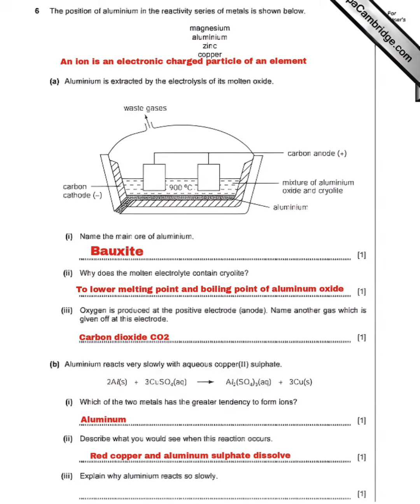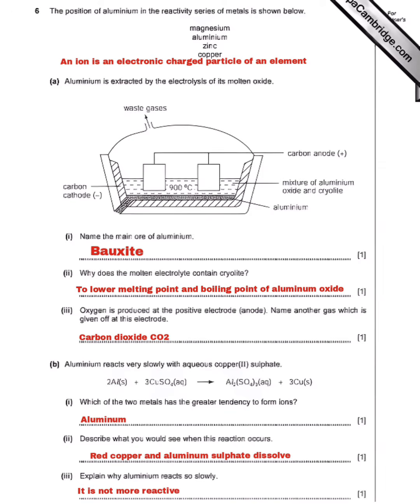That's all. Then Roman numeral number 3 is saying, explain why aluminium reacts so slowly. The reason is that aluminium is not a reactive metal.